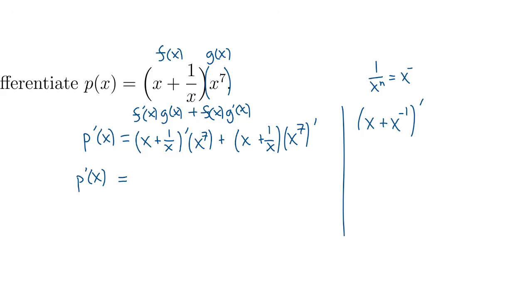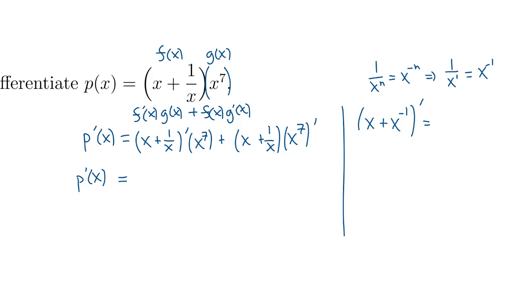If you call that power n, then 1 over x to the n is x to the negative n. So 1 over x is the same as 1 over x to the 1, which is equivalent to x to the negative 1. The reason we'd want to do that is because the power rule tells us how to take derivatives of power functions of the form x to the n. 1 over x is not of that form, but it is a power function, so we need to write it in that form so that we can correctly apply the derivative.